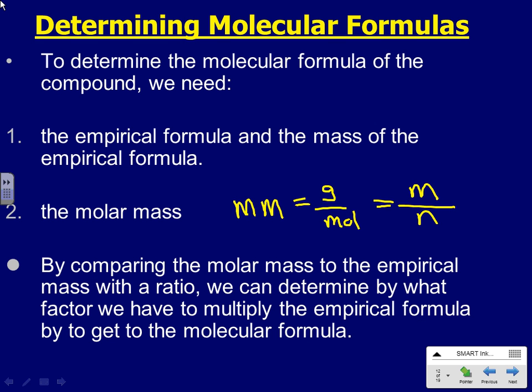It would have nothing to do with the atoms and the masses on the periodic table. It would simply be an experimental measurement of the mass, put it on a scale, and then somehow an experimental measurement of the number of moles. The easiest way to do that is with gases, and I can't show you that right now because I haven't taught you about gases yet.